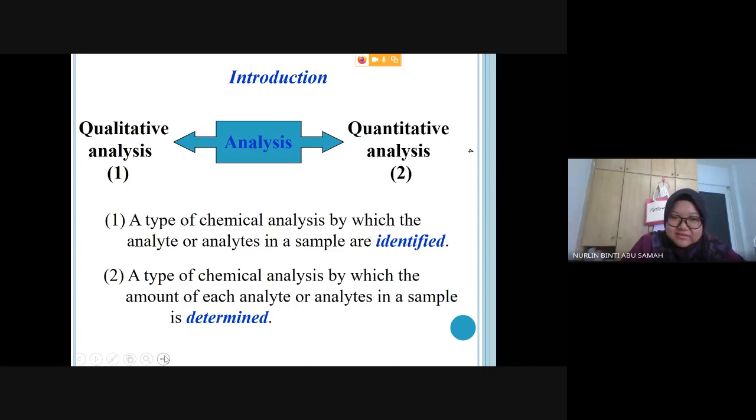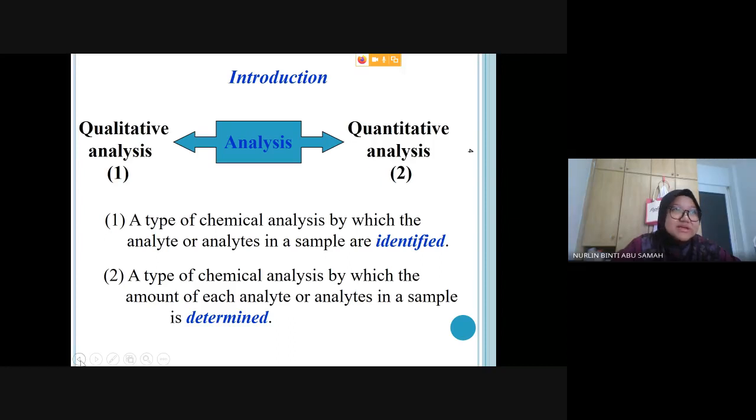Qualitative analysis. Ada siapa tahu tak? Benda ni you all dah belajar masa tahun 1.